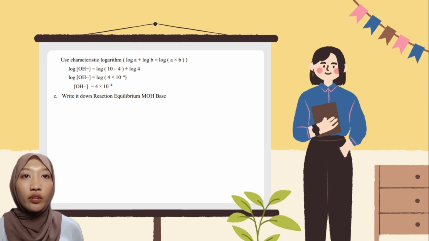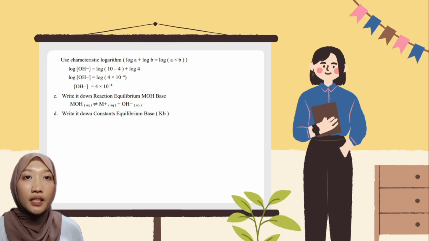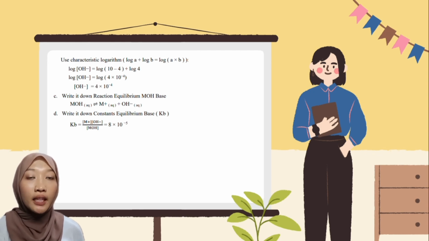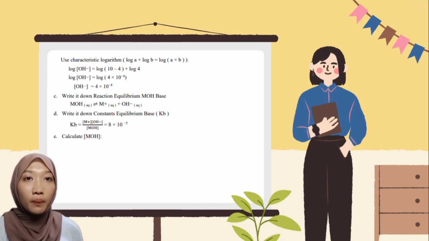Next, write down the equilibrium reaction of the MOH base: MOH equals M plus plus OH minus. Next, write down the equilibrium constant of the base, or Kb. Kb equals concentration M plus multiply concentration OH minus divide concentration MOH equals 8 multiply 10 to the power of minus 5.